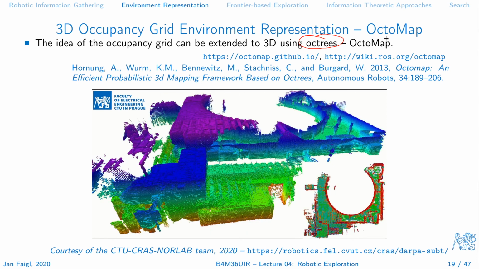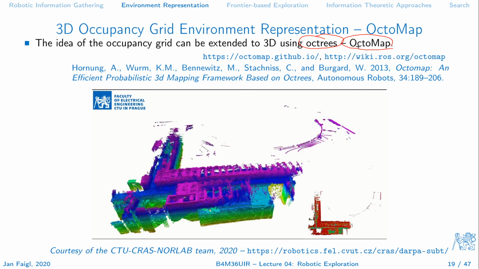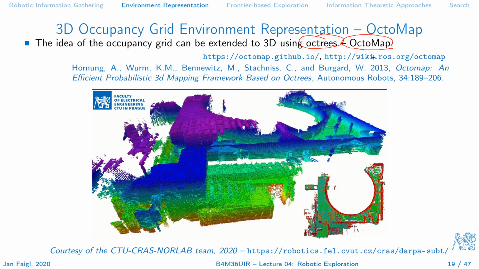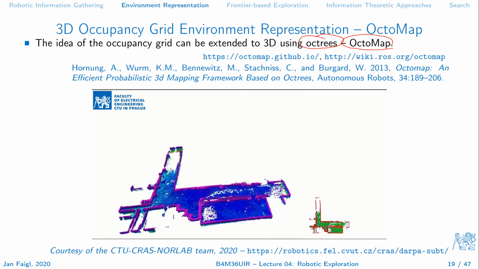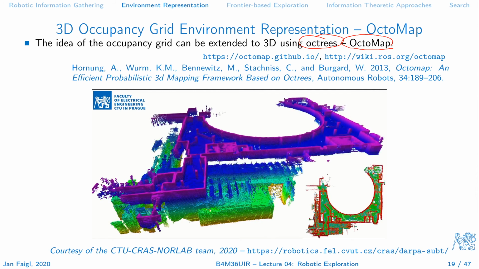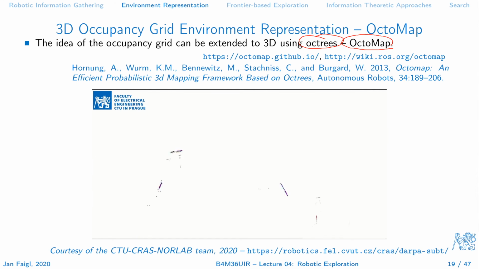One viable data structure or technique is called Octomap. You can download it, and it's also part of the Robot Operating System. You can use it, but there are also some drawbacks.